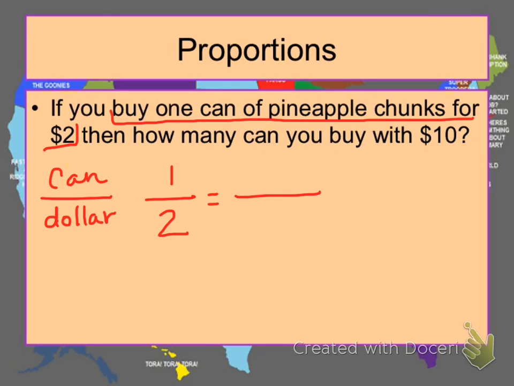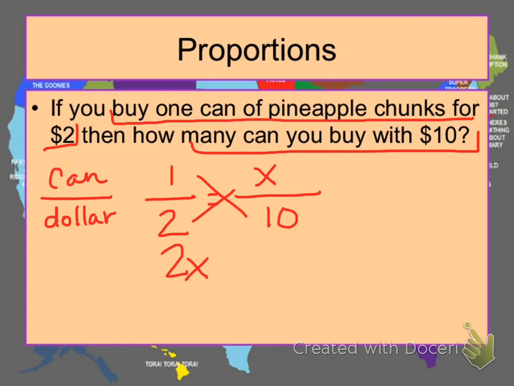So our second ratio will help us answer the question of how many cans we can buy with $10, and the 10 would go in the denominator and the variable in the numerator. With cross multiplication, we come up with an equation, and when we solve it, we know that the number of cans is 5.